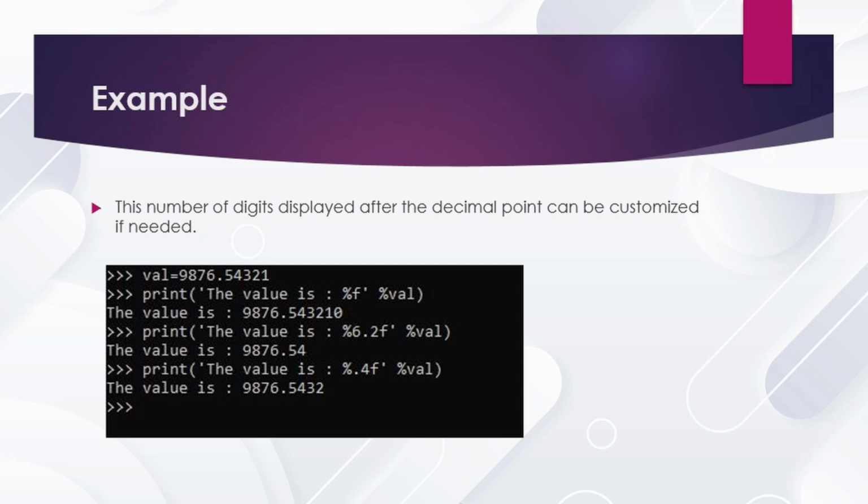In the second print statement, %6.2f is used, which means that the total minimum width of the output is 6 characters, including digits, decimal point and decimal digits. And only 2 digits are displayed after the decimal point. The third print statement ensures that the value is displayed with exactly 4 digits after the decimal point.